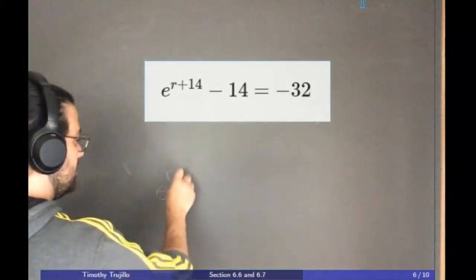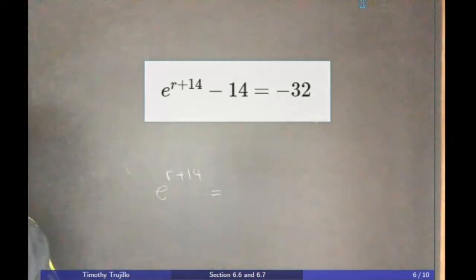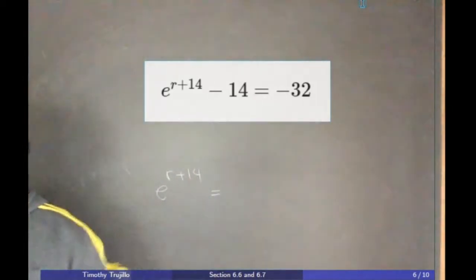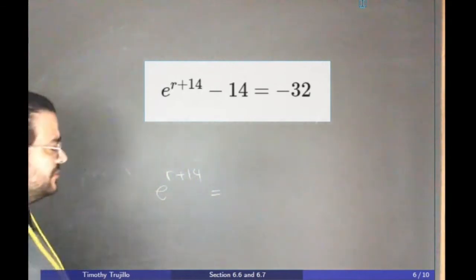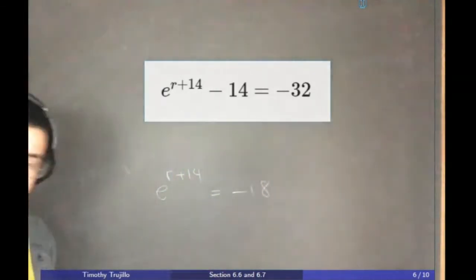So you get e to the r plus 14 is equal to what? What should I put on the right-hand side here if I've added 14 to both sides? So again, here I'm just adding 14 to, yeah, so 14 plus negative 32 is negative 18.